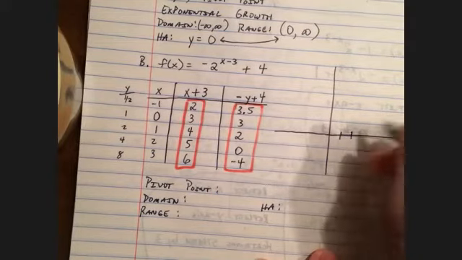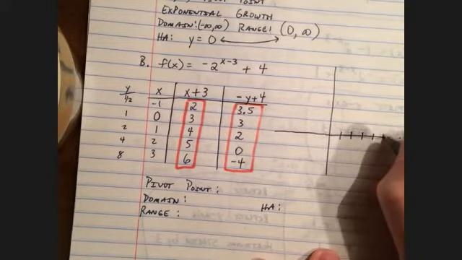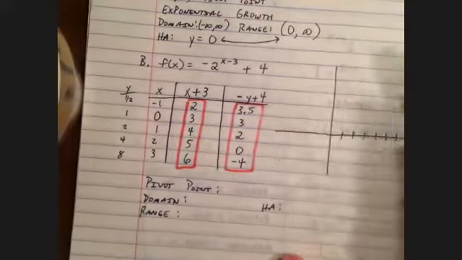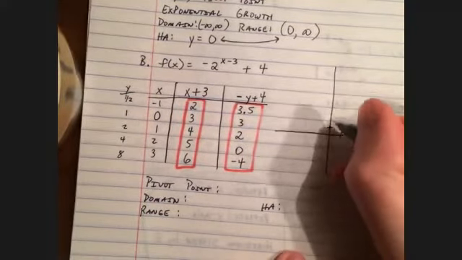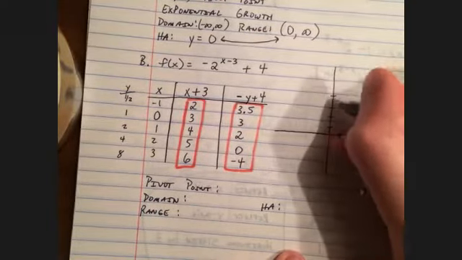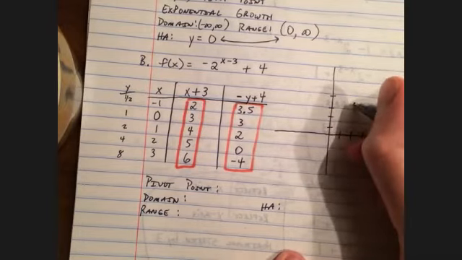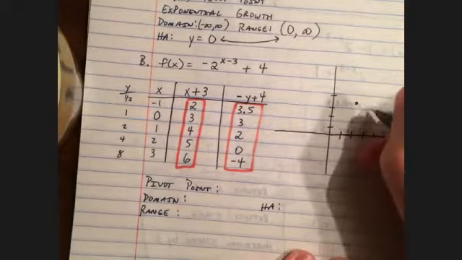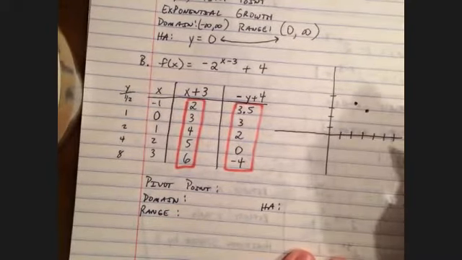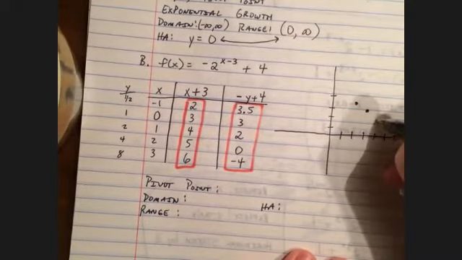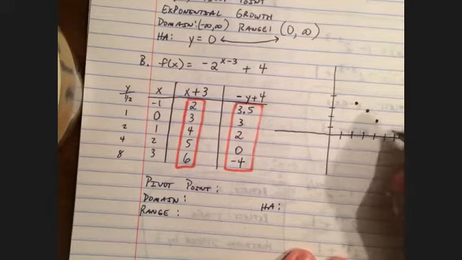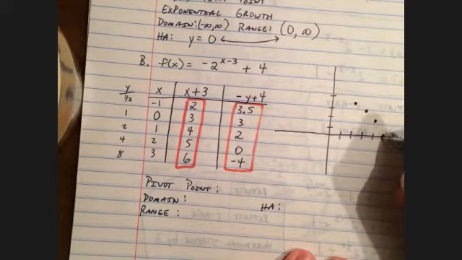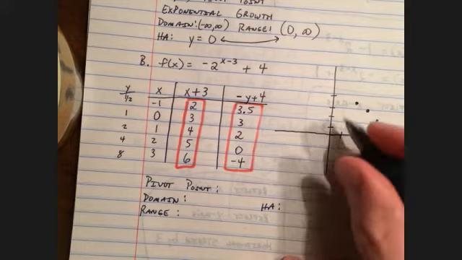No, we have to go all the way out to 6. So go ahead and put all those out. 3.5, roughly right here. 3, 3. 4, 2. 5, 0. There's our x-intercept. And then 6, negative 4.